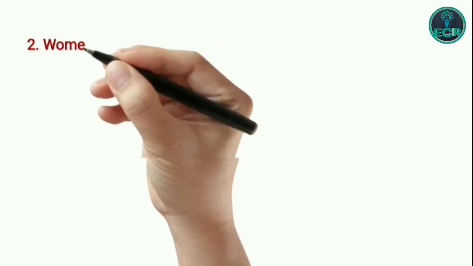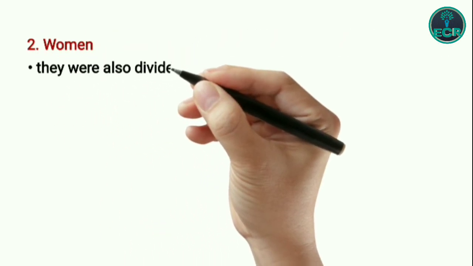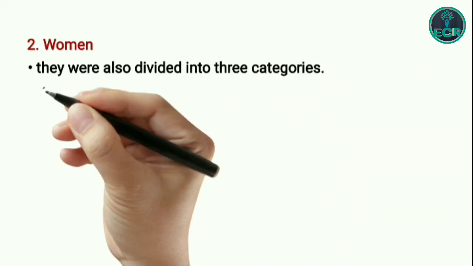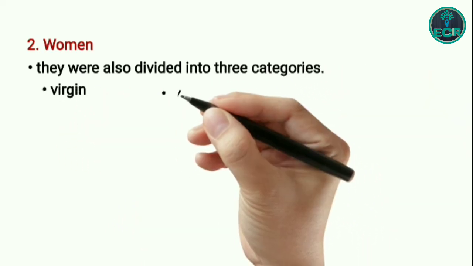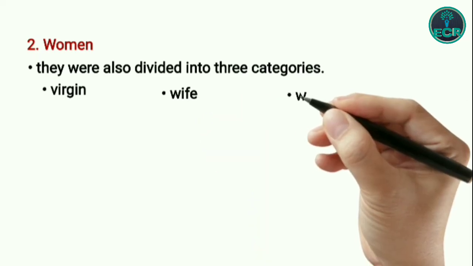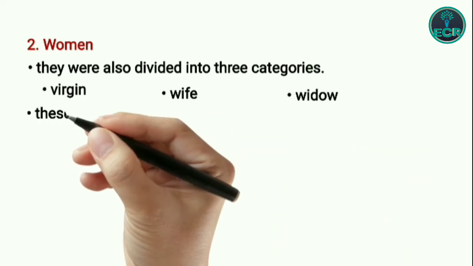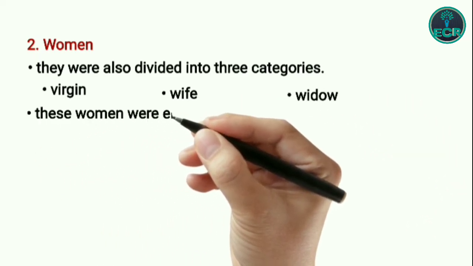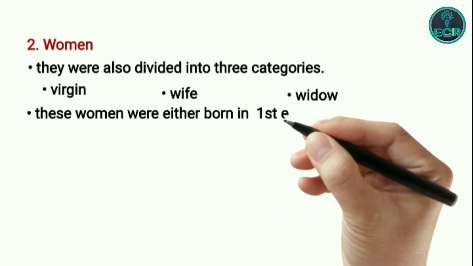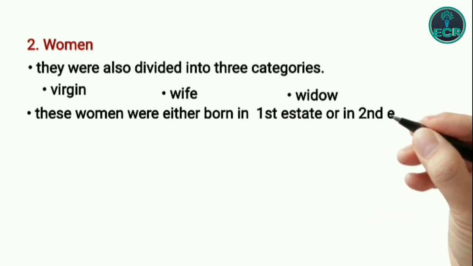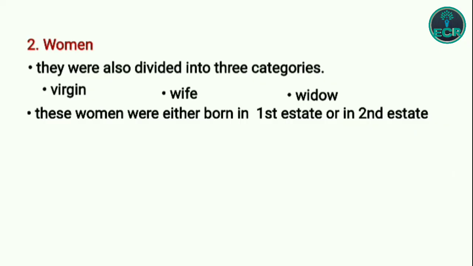Then, talking about women, they were also divided into three categories: virgin, wife, and widow. These women were either born in the first estate or in the second estate, leaving the peasantry estate aside.